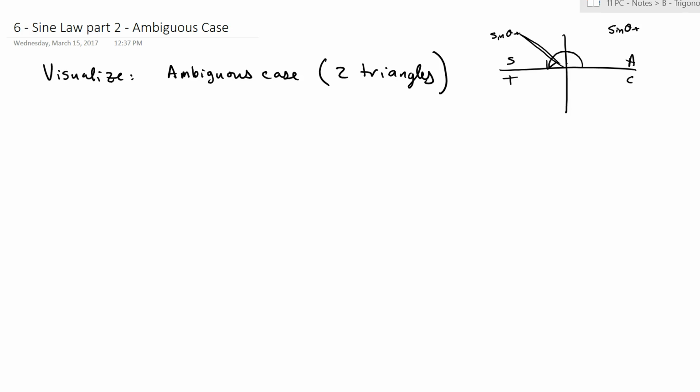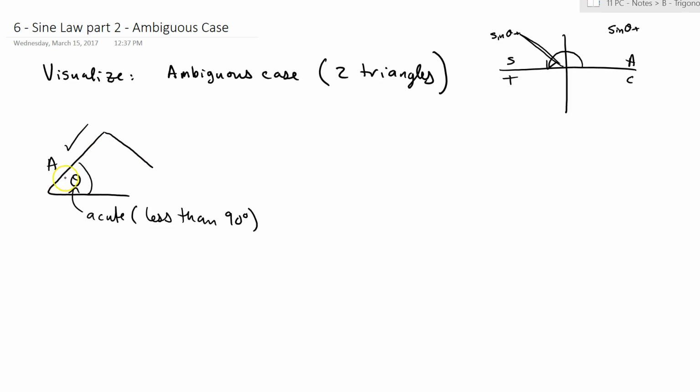So it occurs when you're given a theta, or an angle that is acute, which is less than 90 degrees, and you're given a side, which I have called adjacent because it's right beside that, and you've been given an opposite of the angle.